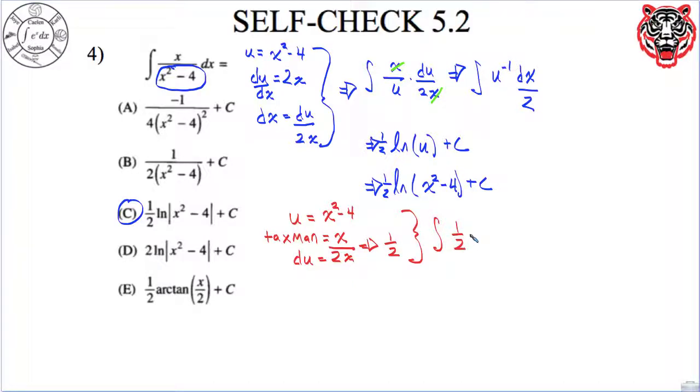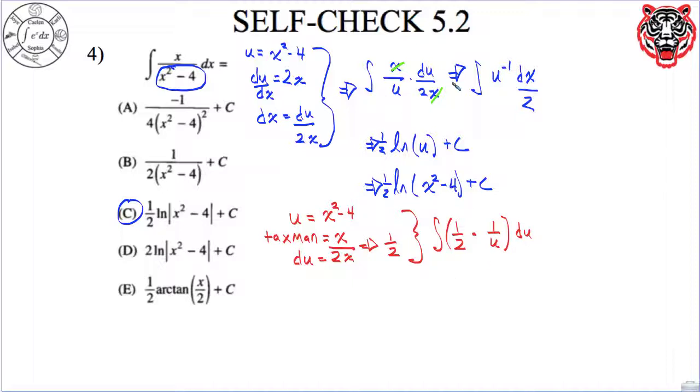That was the x, and now I need to multiply that by 1 over u. What's remaining is the x squared minus 4, which is 1 over u. And that can be a little bit tricky to see. And all of that is still, I guess, du. This is where taxman becomes informal again.